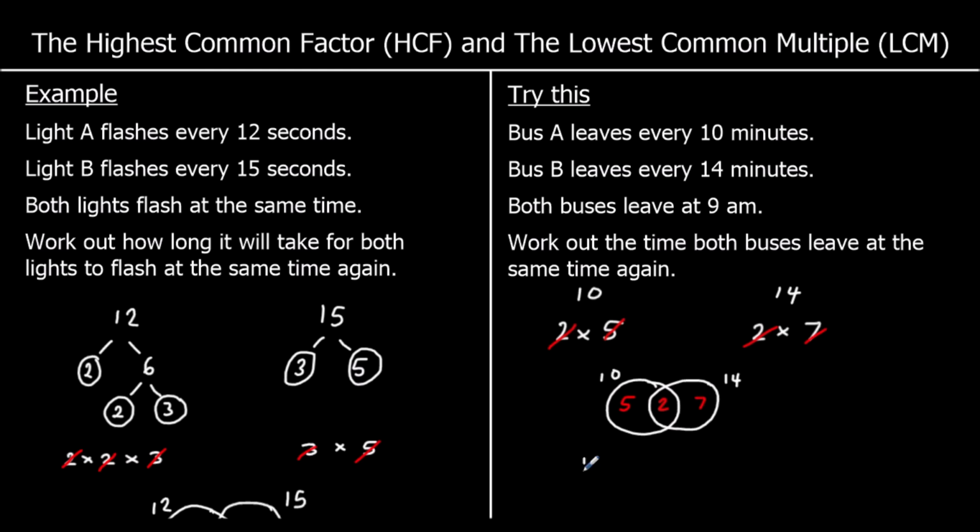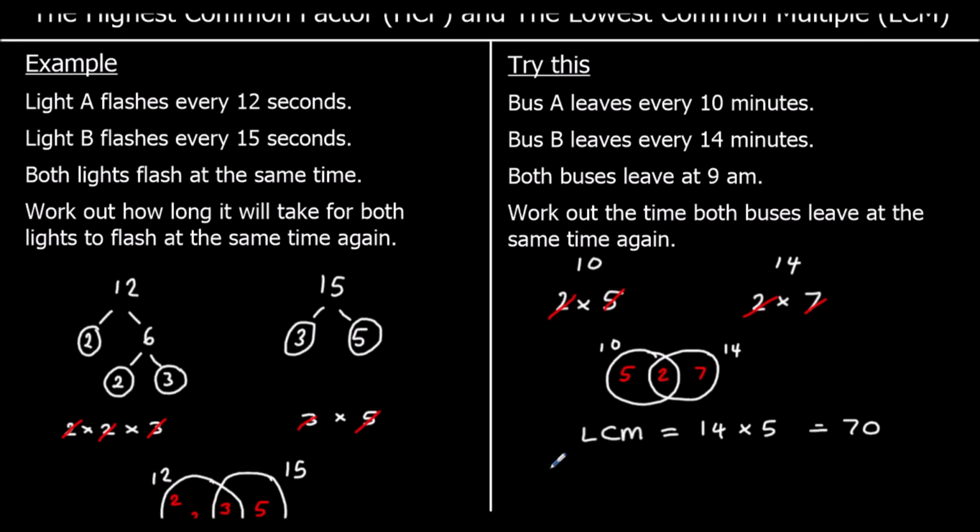So the lowest common multiple is going to be my 14 circle times 5. 14 times 5, well, 14 times 10 is 140. Half of that, 70. So they both leave at the same time again in 70 minutes.